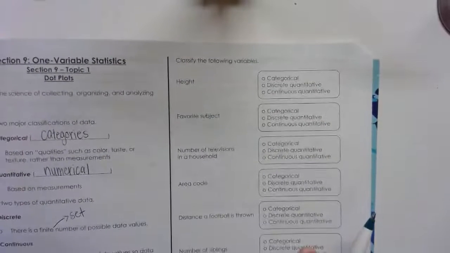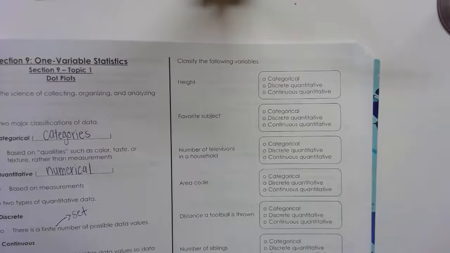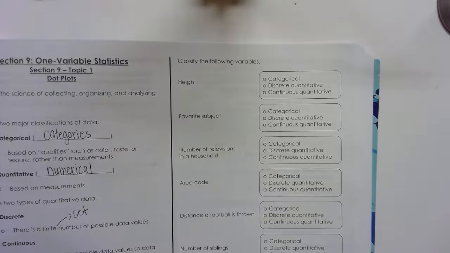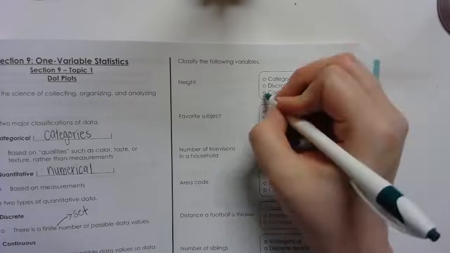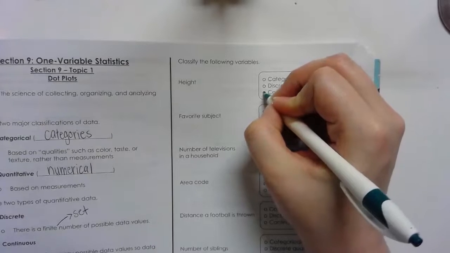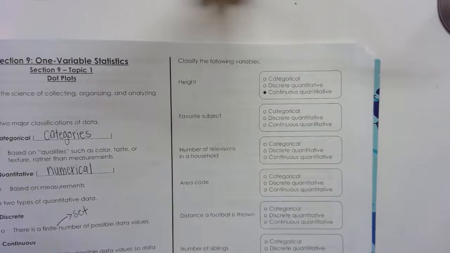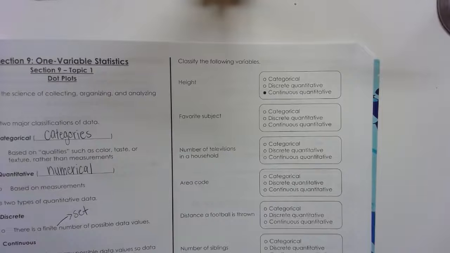So height. Height would be numerical, okay? You would measure that with inches or centimeters or whatever. And it is continuous quantitative, okay? That is one that could go on forever and ever in theory.